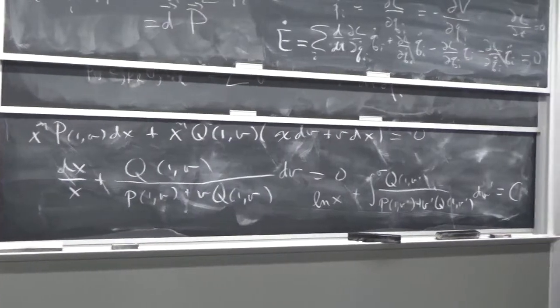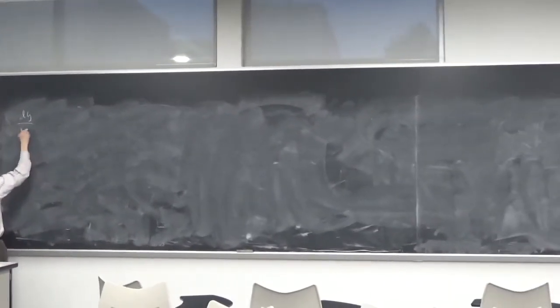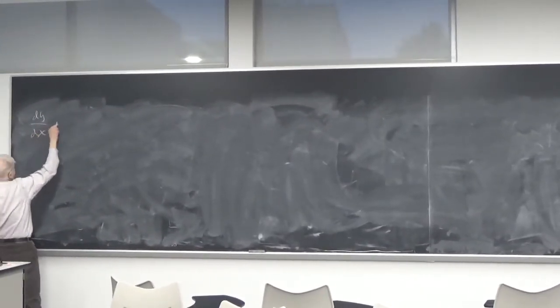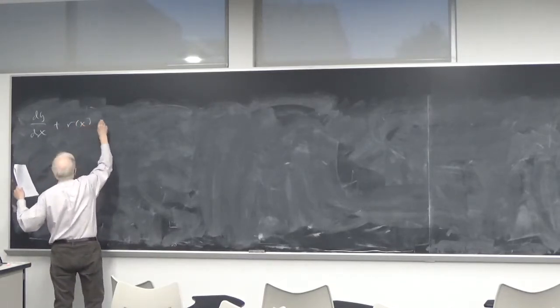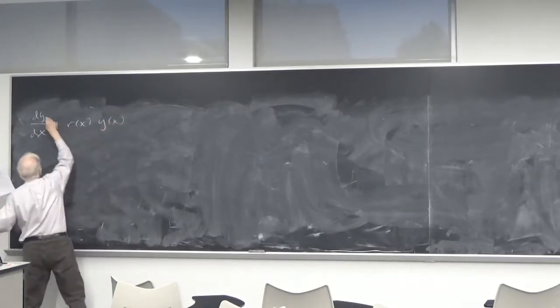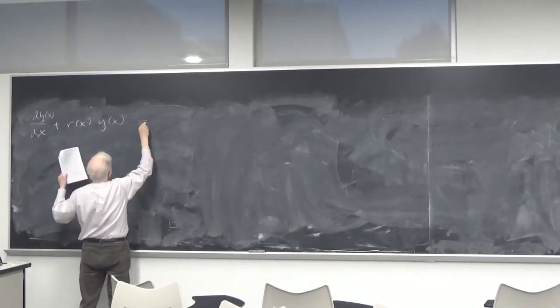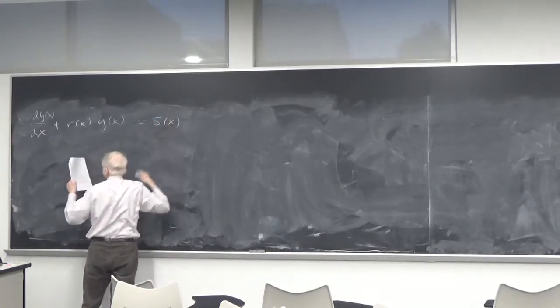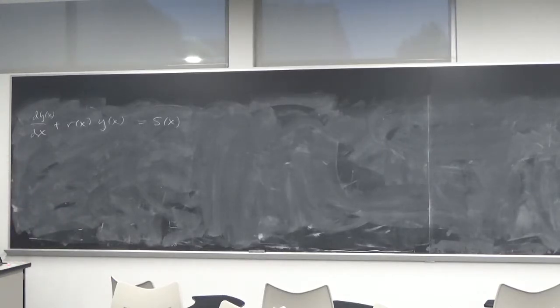So the equation we're going to start with is dy dx plus r of x y of x is equal to s of x. And the idea is you can always find an integrating factor that makes this equation exact.